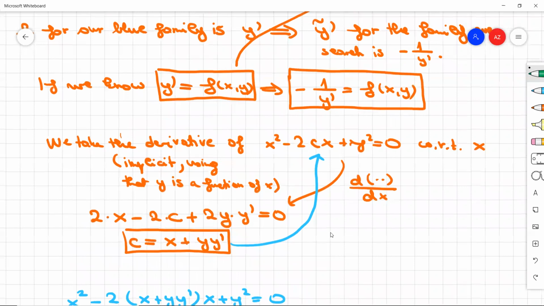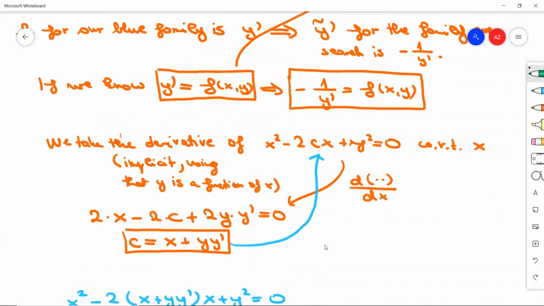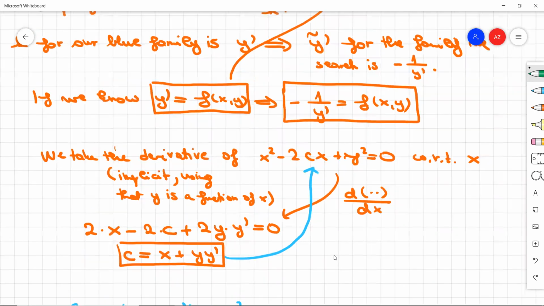Did I do this correctly? So 2x minus 2c minus 2y y prime equals 0. And then I expressed c, and I got 2y y prime.